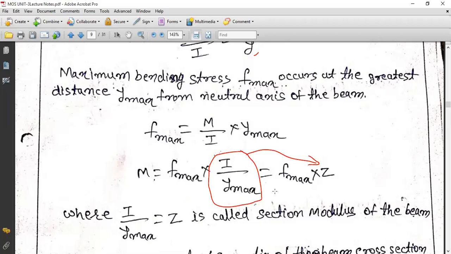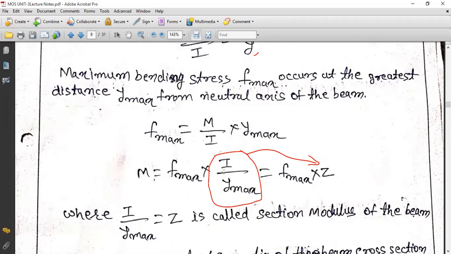So what is section modulus? The section modulus depends totally on Y, because if the moment of inertia of the section is higher, then the strength of the beam is also higher, and y maximum is the variable. So the moment of inertia should be higher and y maximum should be low, then our section modulus will be higher.